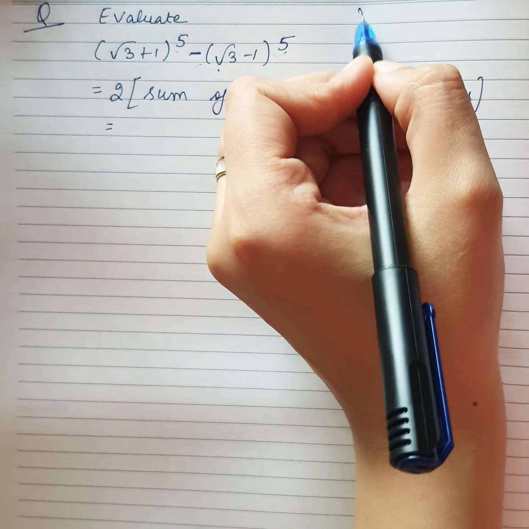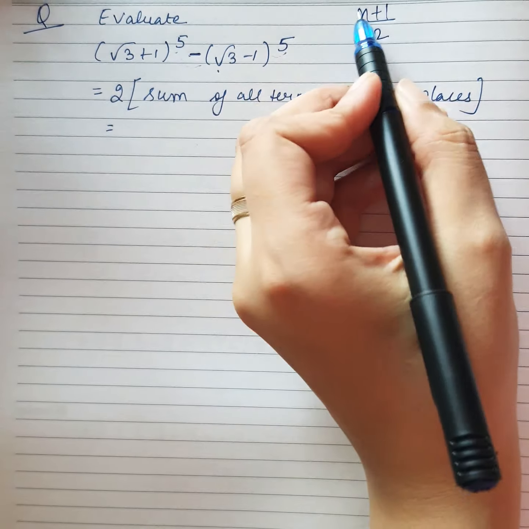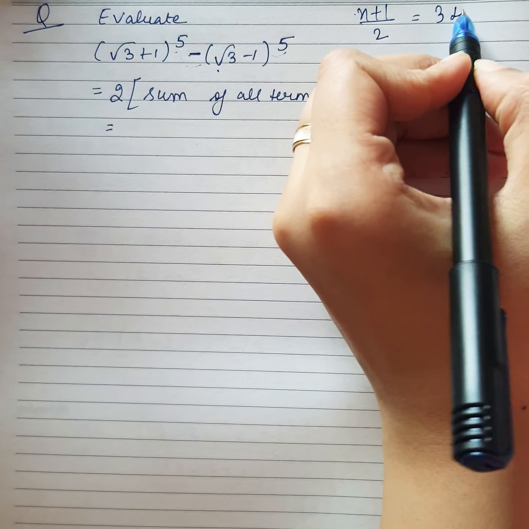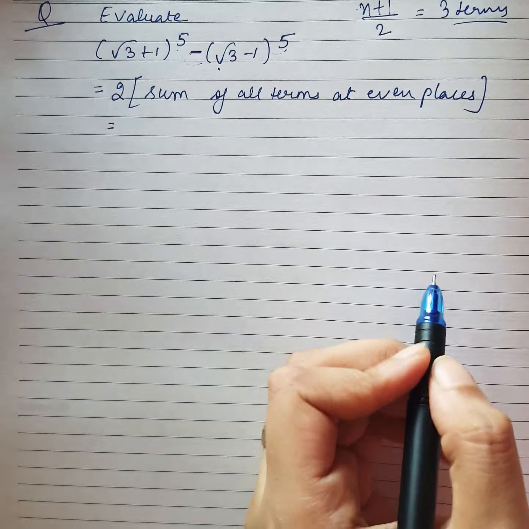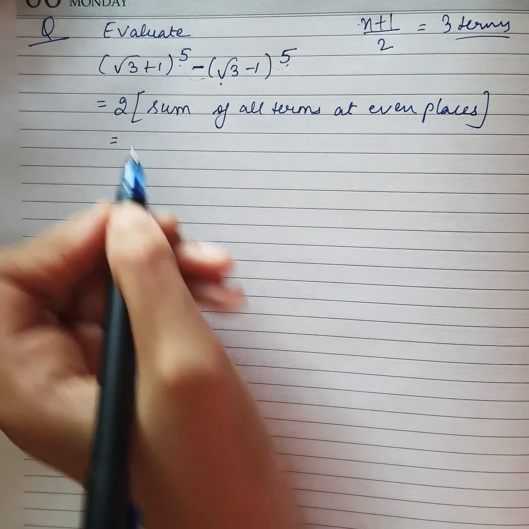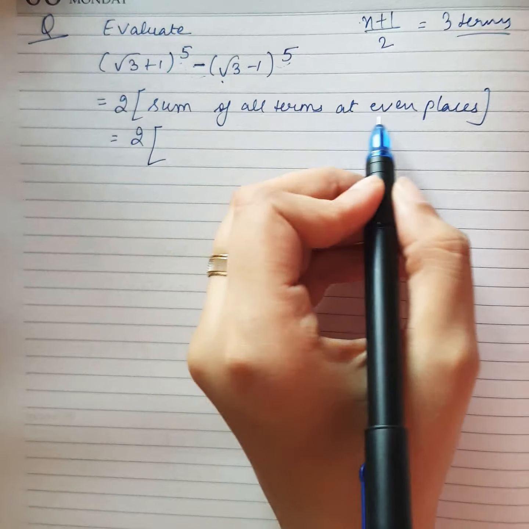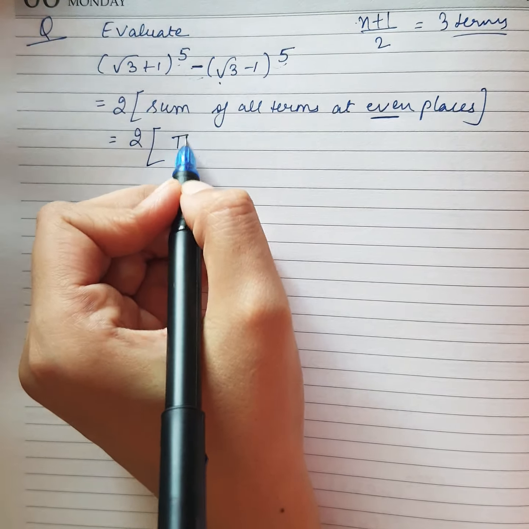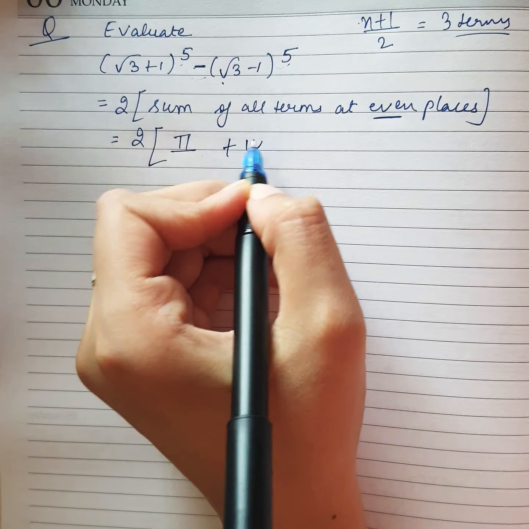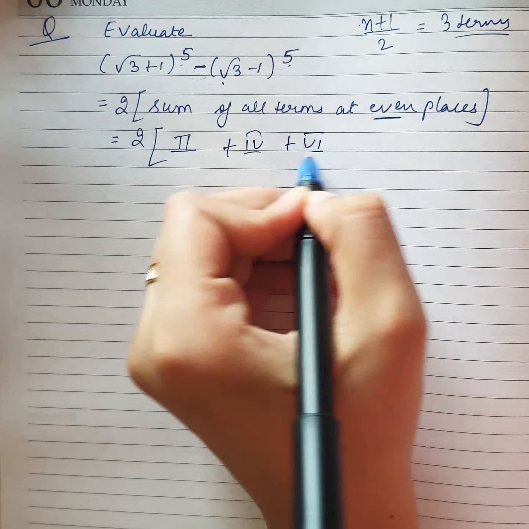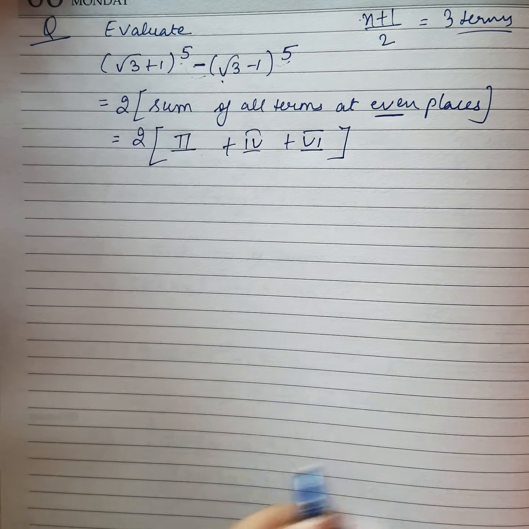In case of odd it was (n plus 1) by 2. So (5 plus 1), 6 by 2, 3 terms. So that means twice the even places terms, means second term plus fourth term plus sixth term, right?